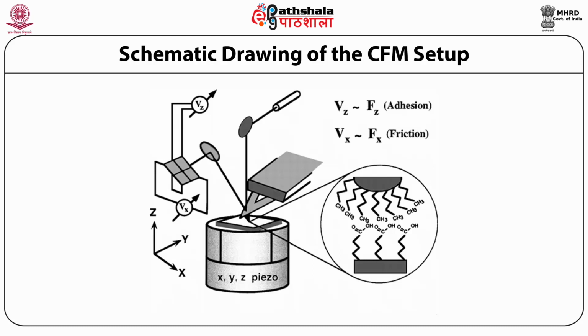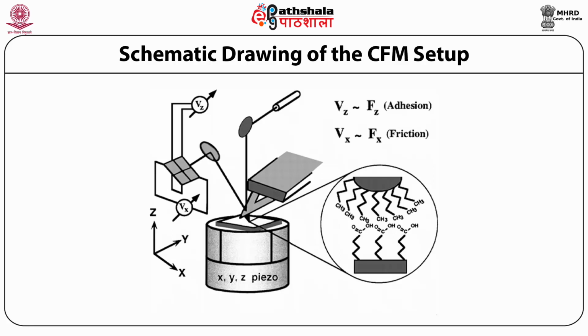The integrated cantilever tip assemblies can have single or V-shaped beams and normal spring constants in the range from 0.1 to 100 units. The most popular and versatile detection scheme in AFM is optical lever deflection.